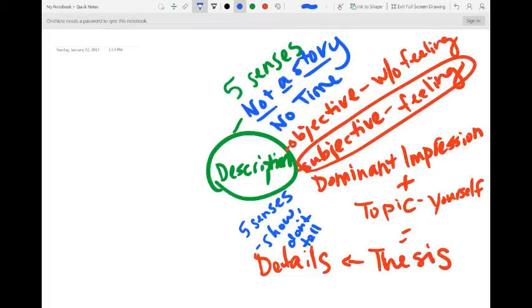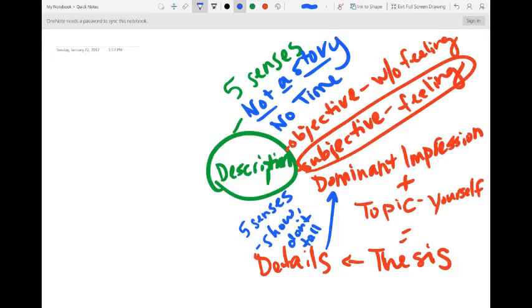Don't just say, I'm really tall. That doesn't mean anything. That's very relative. Tall compared to what? So show us those details. Maybe you're so tall you have to duck coming in doorways. Whatever that is. Keep that in mind. So show, don't tell, and then of course make sure that you hit on those five senses. The other thing you need to keep in mind is you should only use details that relate to your dominant impression.